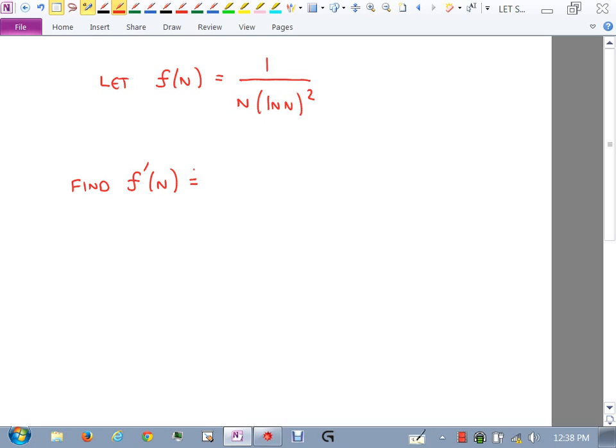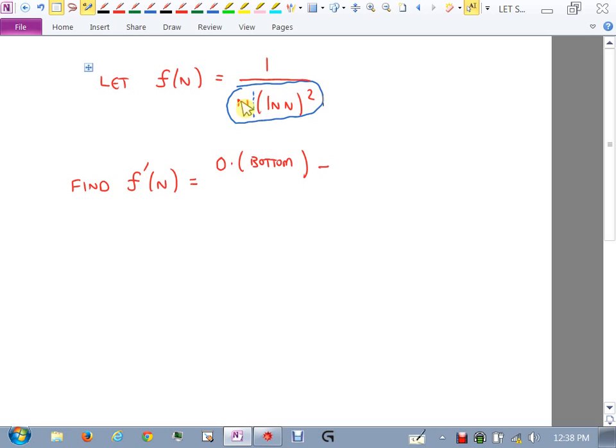And I think what I'll do is quotient rule. What is the derivative of the top? 0 times the bottom, which I'm not going to write. It's all going to go away, right? Minus the derivative of the bottom is the next part of quotient rule. So you have to take the derivative of this, which includes a product rule in it, right? It's n times this, and that requires chain rule. But we're in Cal 2, right? So this is just a derivative.